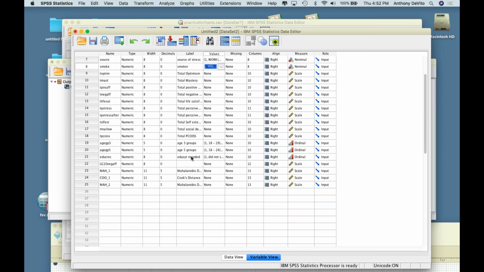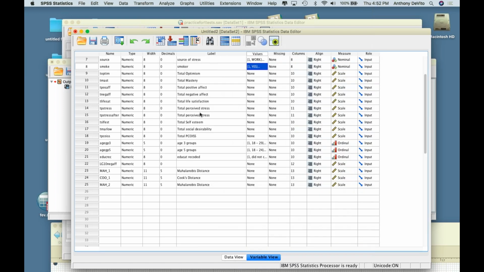What that really stands for is, for instance, total perceived stress after. Okay, I'm going to change that to after. I edited the name, but not the label.